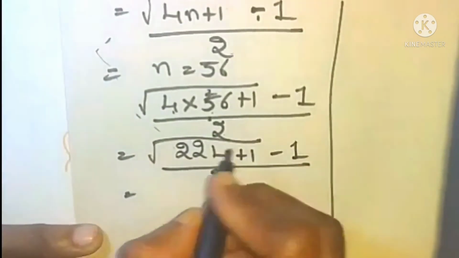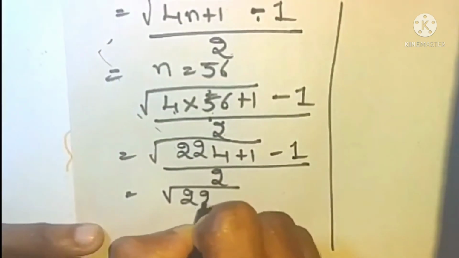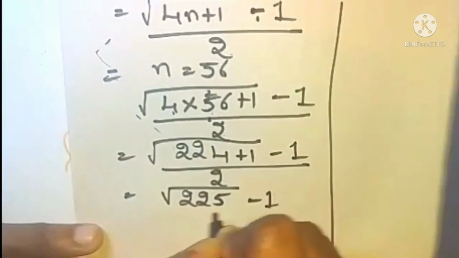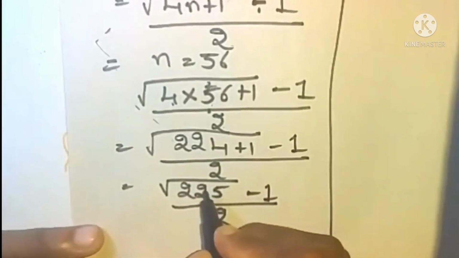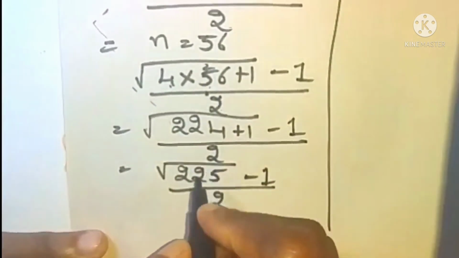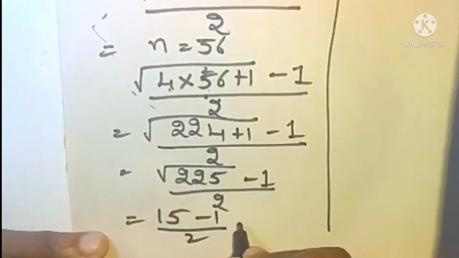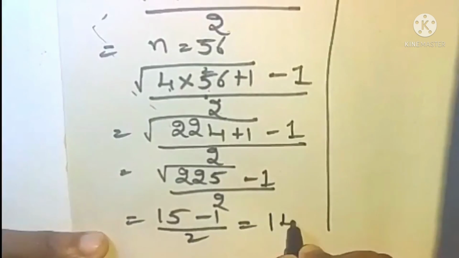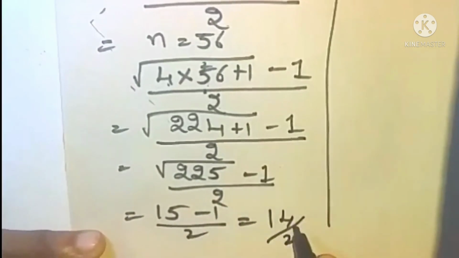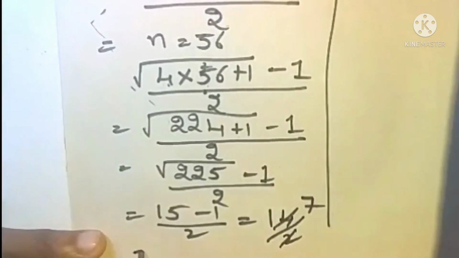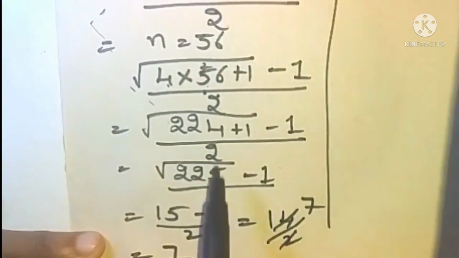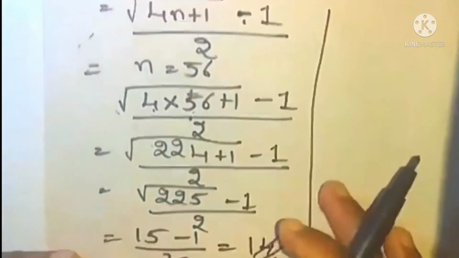Now 224 plus 1, how much is it? 225. 225 minus 1 divided by 2. The square root of 225 is 15. So now 15 minus 1 divided by 2 is equal to how much? 14 by 2. Now 2 sevens are 14. So the answer is 7. Through the formula we are getting 7, right?